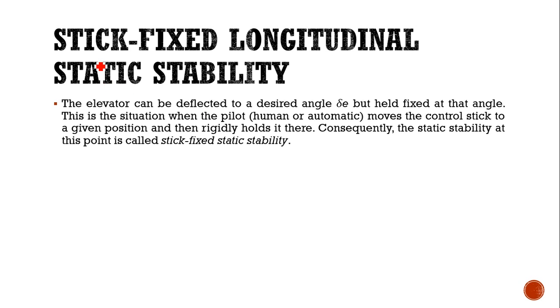The next topic is stick fixed longitudinal static stability. We have two conditions: one is a stick fixed condition, and another one is a stick free condition. In older aircraft, we had stick fixed conditions, because so many problems were encountered while flying with the stick fixed.